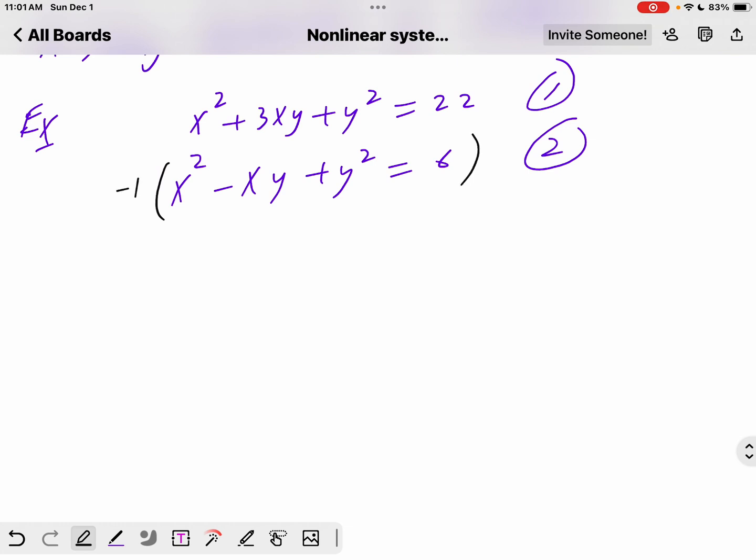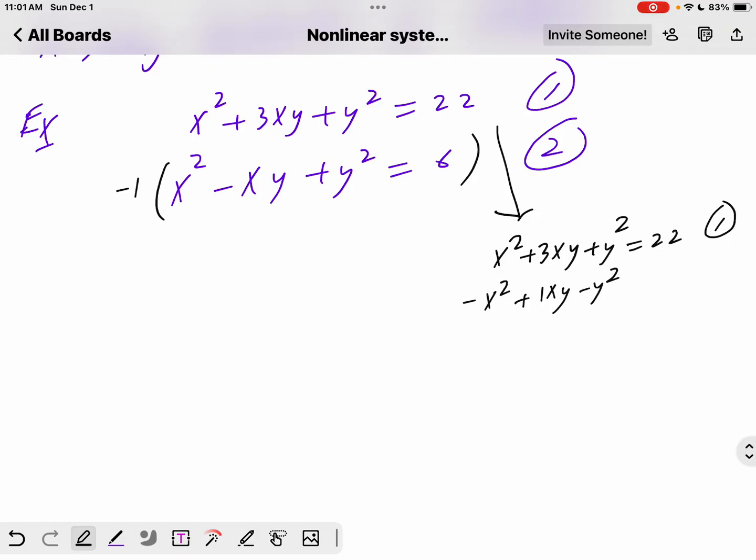Let's multiply this one. The top one is staying the same: x squared plus 3xy plus y squared equals 22. Number 1 we're keeping as is. Then this one is now negative x squared plus 1xy minus y squared equals negative 6.